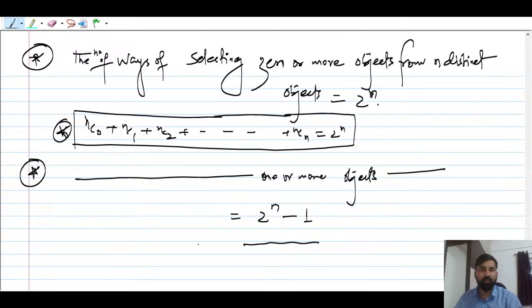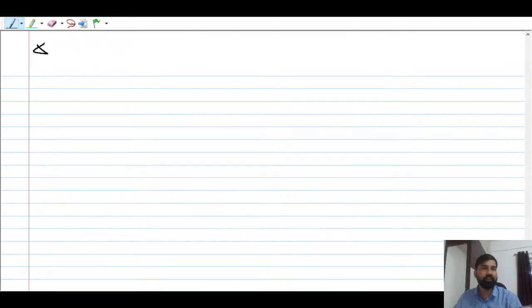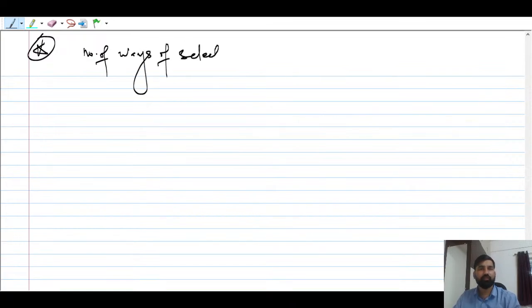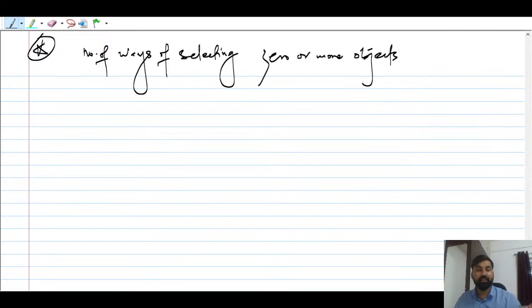Fine. Then third is what? The number of ways of selecting zero or more objects. Okay, 0 or more objects. See, if they are asking the number of ways of selecting 0 objects, that will be 1 always, right?